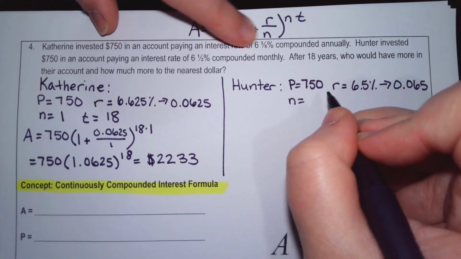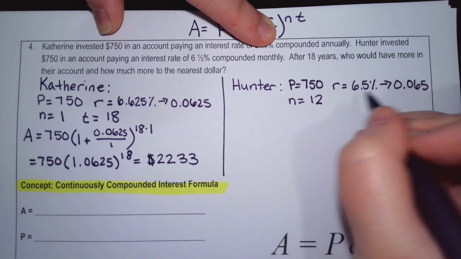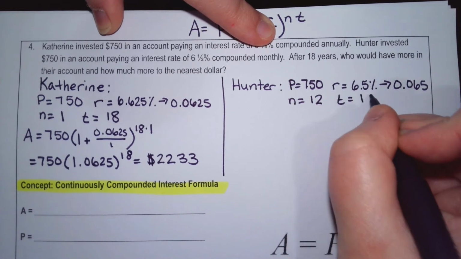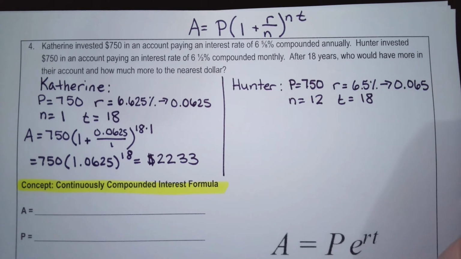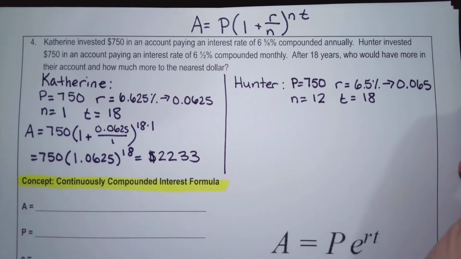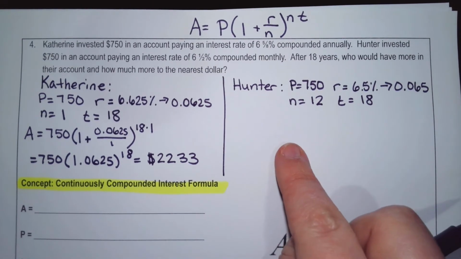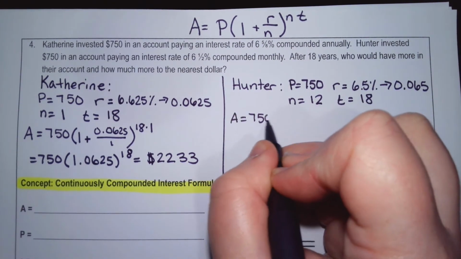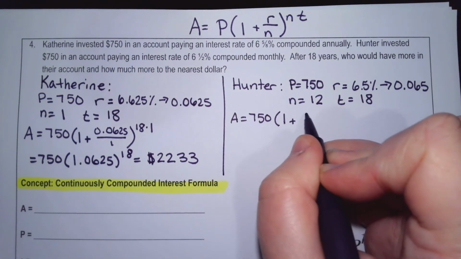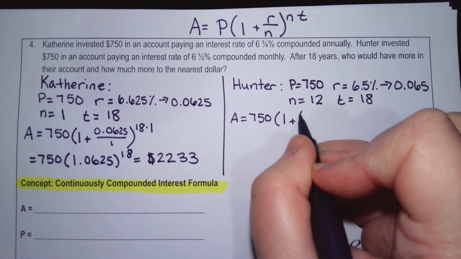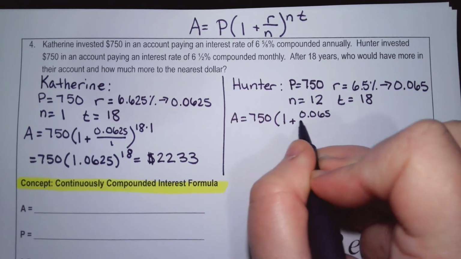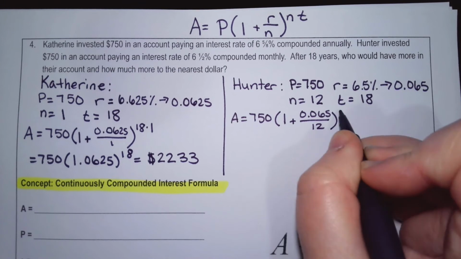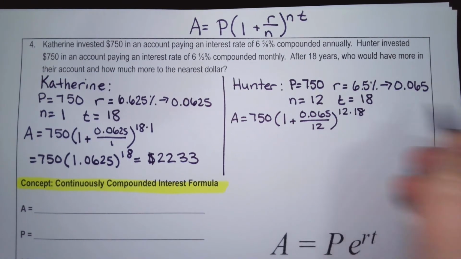His N, he's monthly, so that's going to be 12, and time is still the same, 18. So now we're going to run the compound interest formula for Hunter. So A is equal to 750 times 1 plus 0.065 over 12 to the 12 times 18.